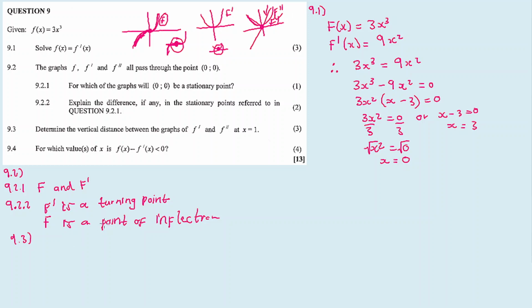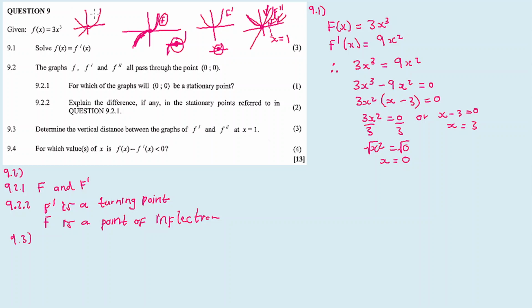So we will calculate the vertical distance at x equal to 1, not minus 1. So x equal to 1 is in the first quadrant. The second derivative is above and the first derivative is below.